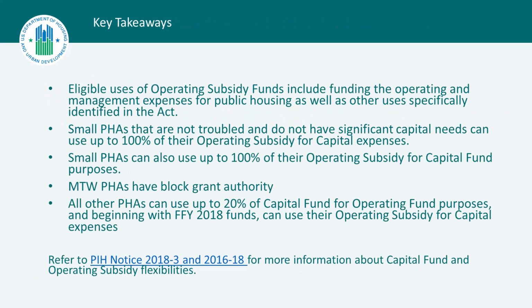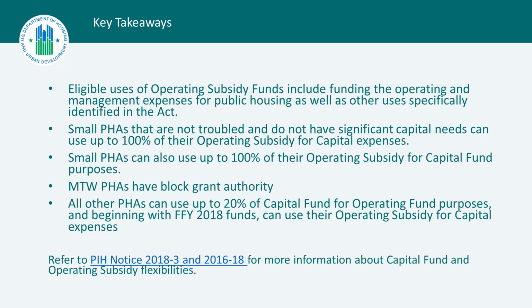In summary, eligible uses of operating subsidy funds include funding the operating and management expenses for public housing, as well as other uses specifically identified in the Act. Small PHAs that are not troubled and do not have significant capital needs can use up to 100% of their capital funds for operating expenses. Small PHAs can also use up to 100% of their operating subsidy for capital fund purposes.